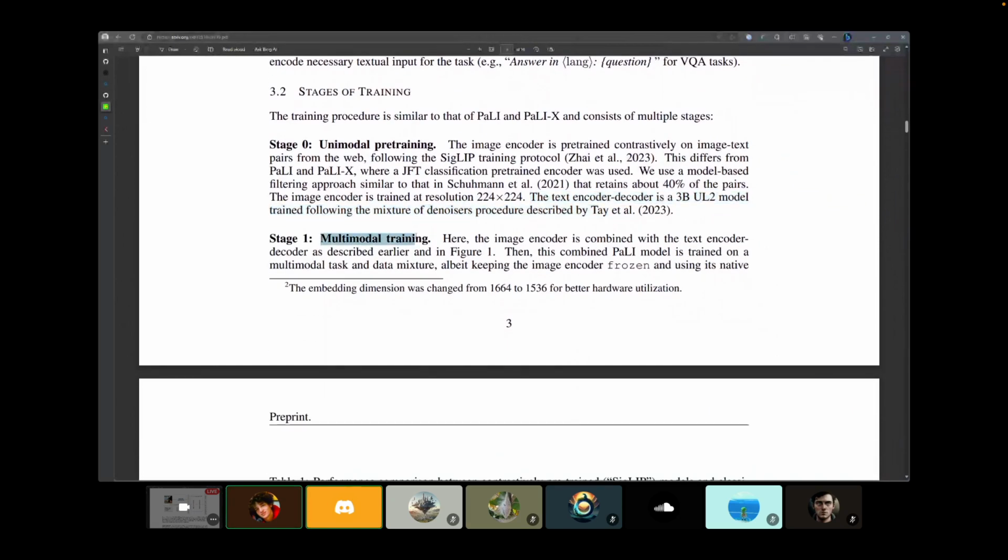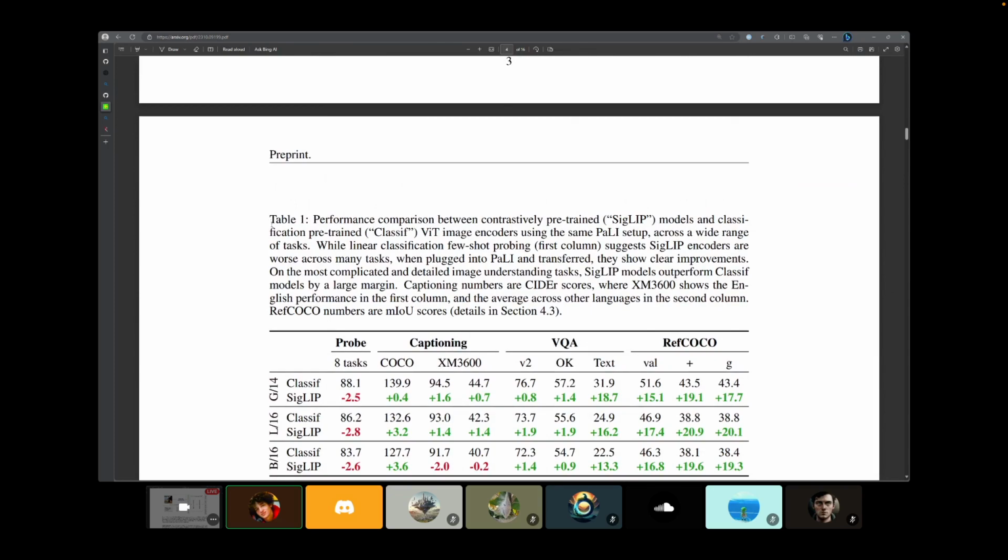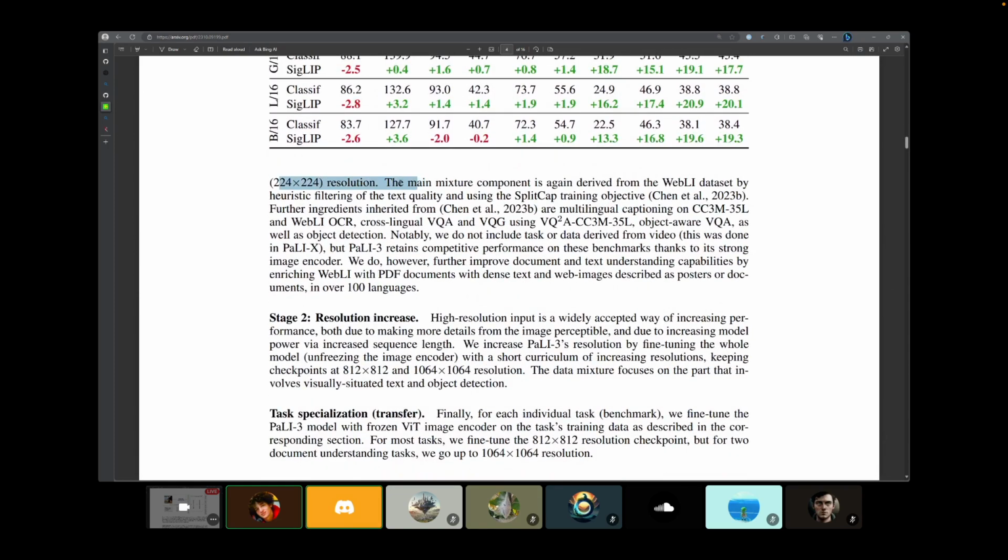Stage 1, multimodal training. Here the image encoder is combined with the text encoder-decoder as described earlier in Figure 1. Then the PaLI model is trained on a multimodal task and data mixture, albeit keeping the image encoder frozen and using its native resolution.